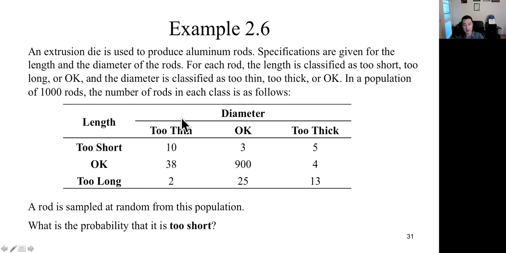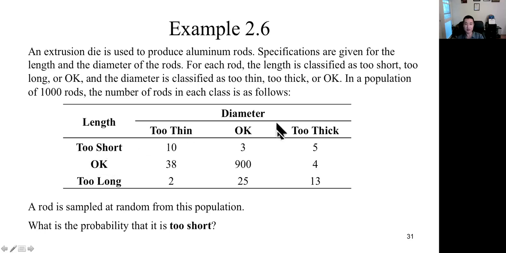Let's look at another example. An extrusion die is used to produce aluminum rods, and we have specs for the length and the diameter of the rods. For each rod, the length can be classified as too short, too long, or okay.